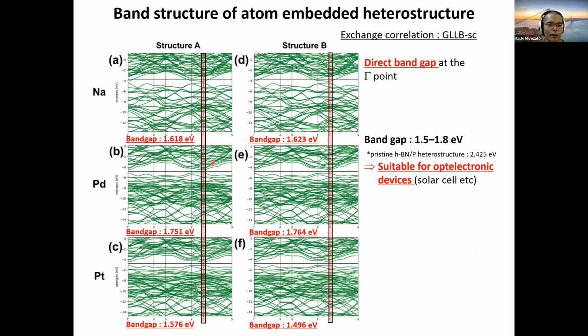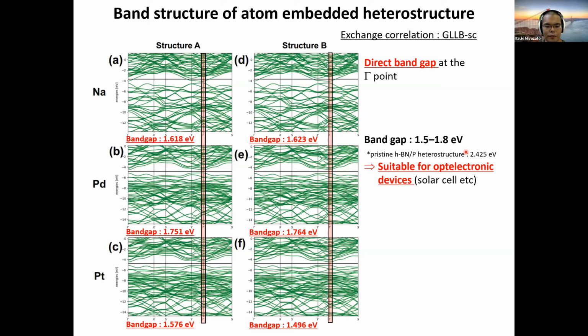Next is the discussion on the band structure. Here's the band structure of the atom embedded heterostructure. The calculated band gap is estimated in the range of 1.5 to 1.8 electron volts, which is suitable for optoelectronic devices such as solar cells.